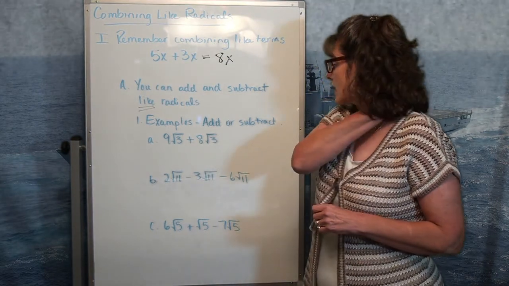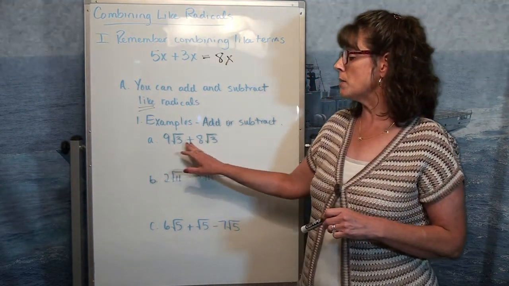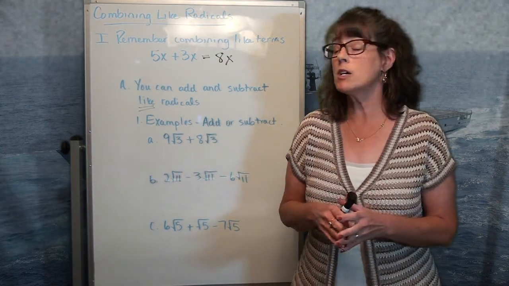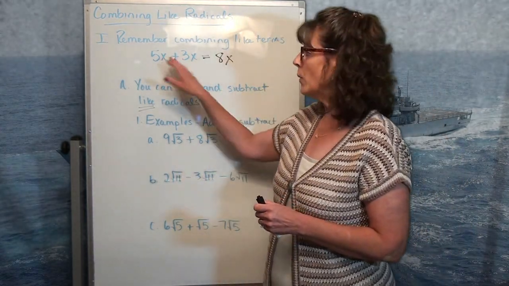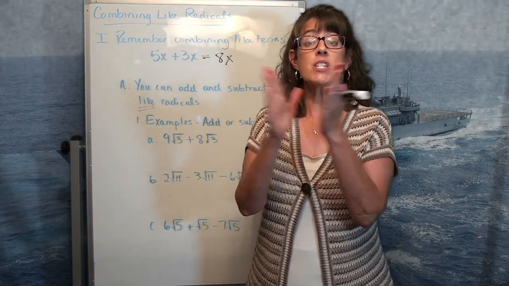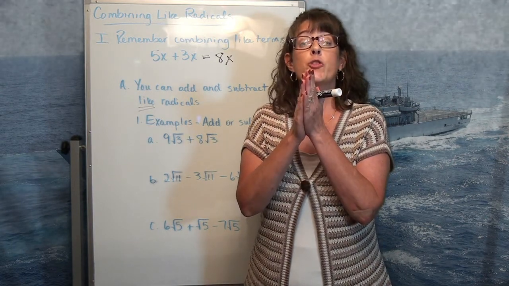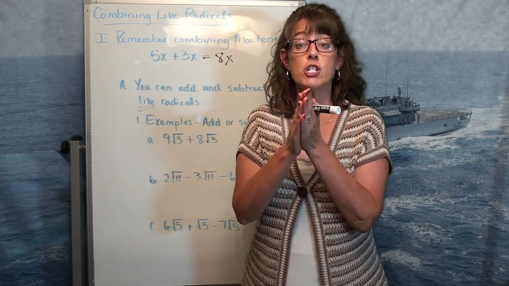As you look at these examples, and I'm going to add or subtract them, notice this says 9 square root of 3 plus 8 square root of 3. Now what you need to understand, let's go back to this one. When I had 5x, sitting up against each other means multiplication. I have said many, many times that the word of means multiplication in math.